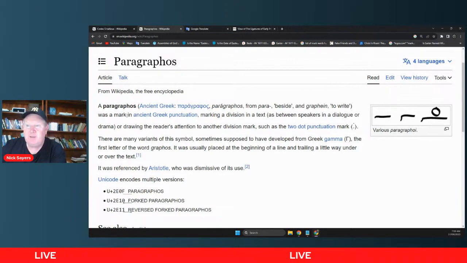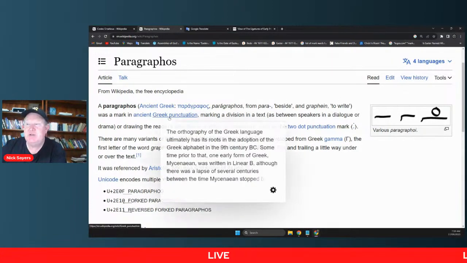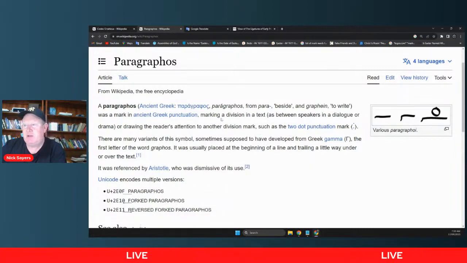A mark in ancient Greek punctuation, marking a division in a text, as between speakers in a dialogue or drama, or drawing the reader's attention to another division mark, such as the two-dot punctuation mark.